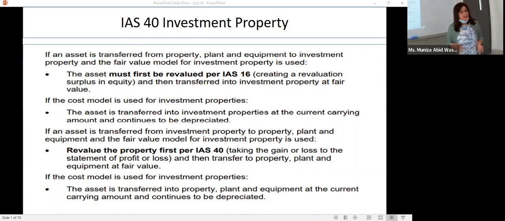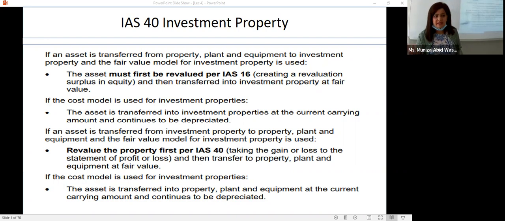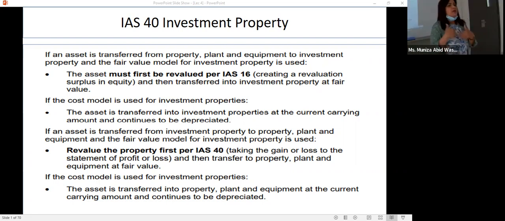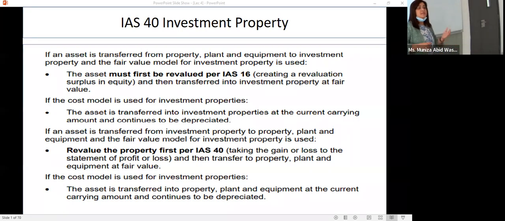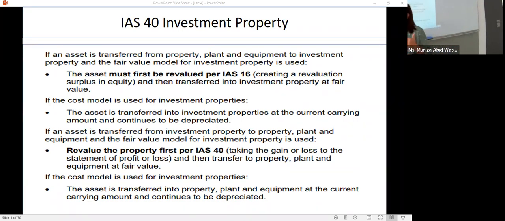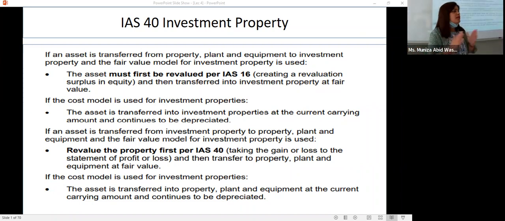If we are adopting a fair value model, then we have to recognize our investment property at its fair value. And fair value is the market value of the property basically, or we can say the sale value of the investment property which we can get in an arm's length transaction. So fair value is the one at which we have to recognize the investment property subsequently while we are adopting the fair value model. But when we are adopting a fair value model, no depreciation will be charged on the investment property. So this is the huge difference.